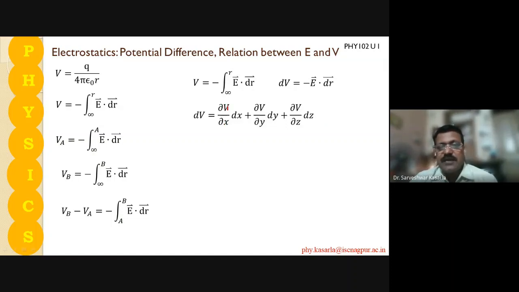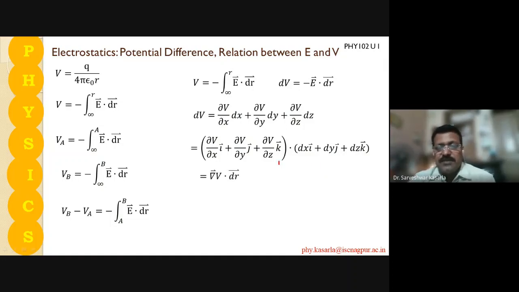This can be expressed as the dot product of two vectors: del V by del x i, del V by del y j, and del V by del z k is one vector, dotted with the other vector dx i plus dy j plus dz k. In the dot product, the coefficients of vector i are multiplied, and so on. So we have just expanded this expression as the dot product of two vectors.